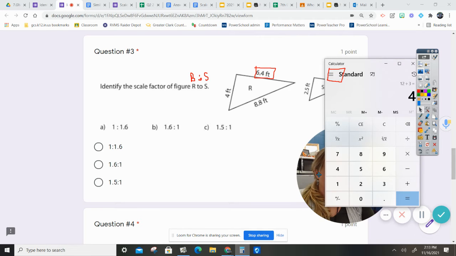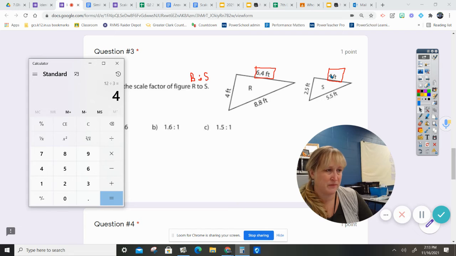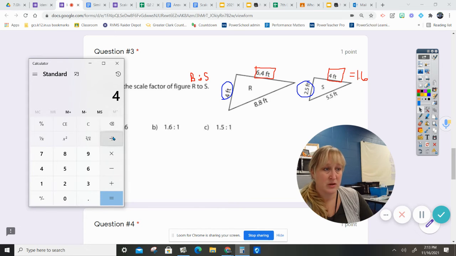I'm going to open up this calculator, and I'm going to divide 6.4, because that's my bigger number, divided by 4 equals 1.6. So the red equals 1.6. If I choose to divide these two, that's 4, the big number, divided by 2.5, and I still get 1.6.